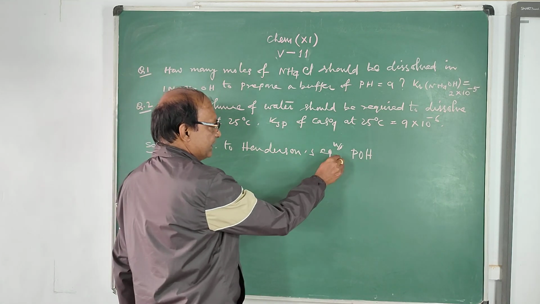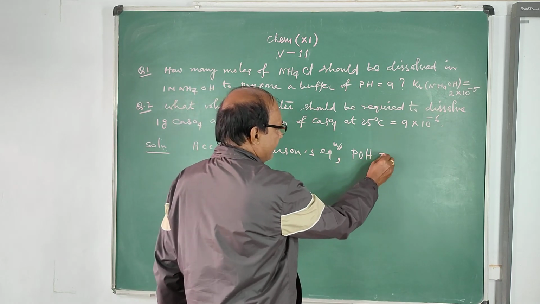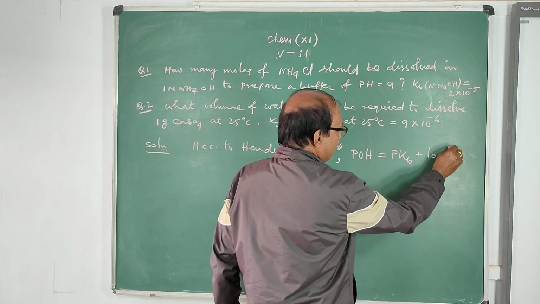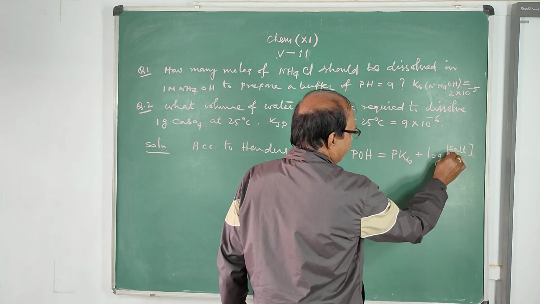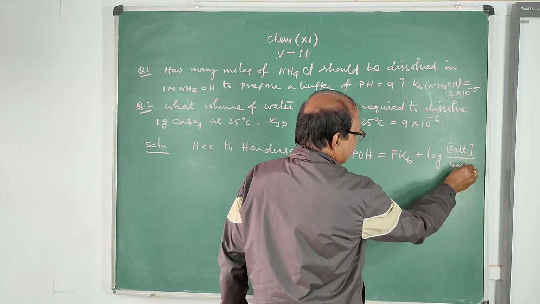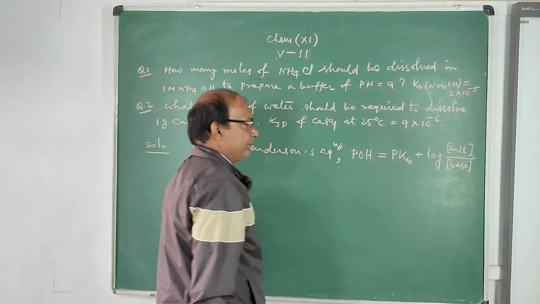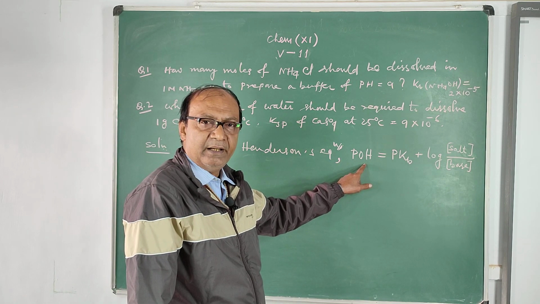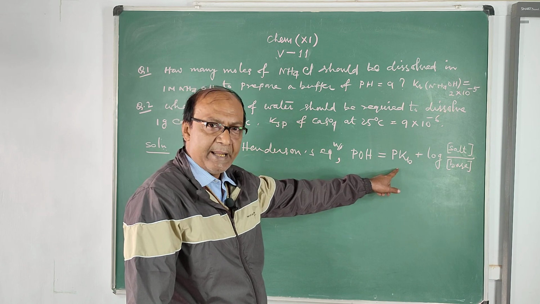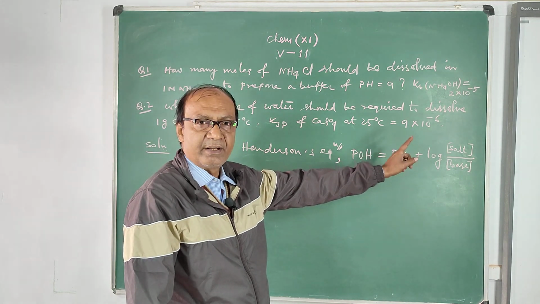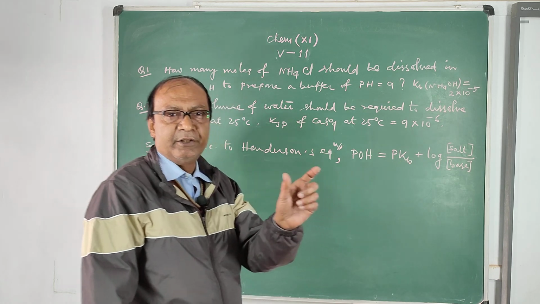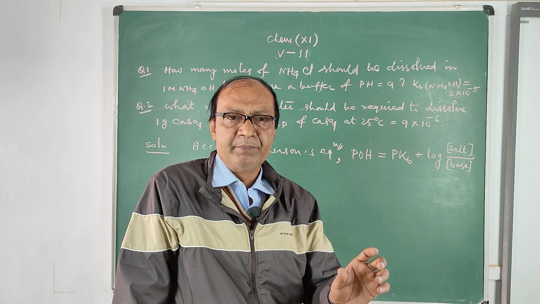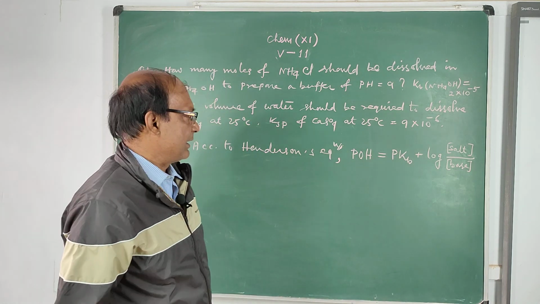So according to the Henderson equation, pOH of a basic buffer equals pKb plus log of salt concentration by base concentration. For an acidic buffer, the relation is pH equals pKa plus log of salt concentration by acid concentration. These are the 2 equations known as Henderson equation for solving problems related to buffer solution.